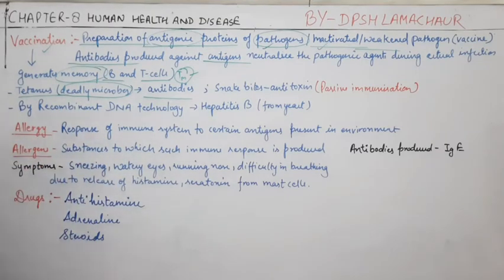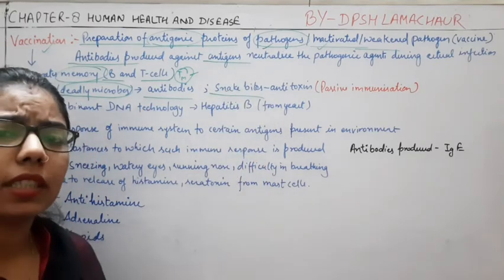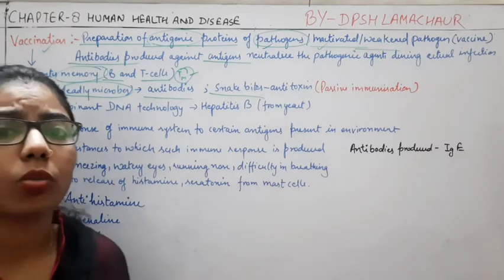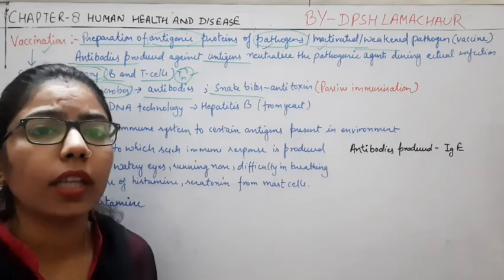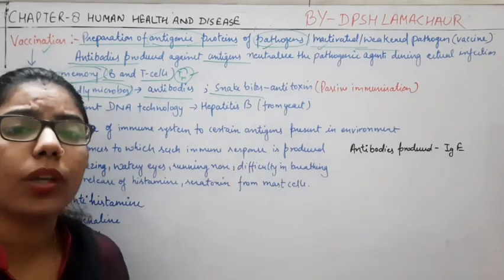Similarly with a snake bite, as we have discussed, when a snake bites an individual, we cannot wait for our natural body to make the antibodies. Why? Because we need to take a very quick decision.